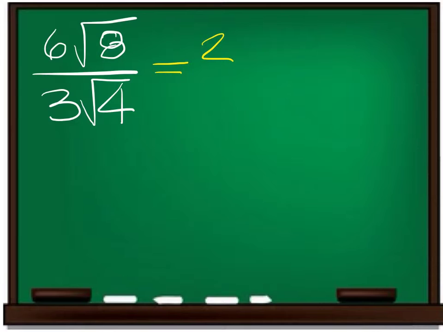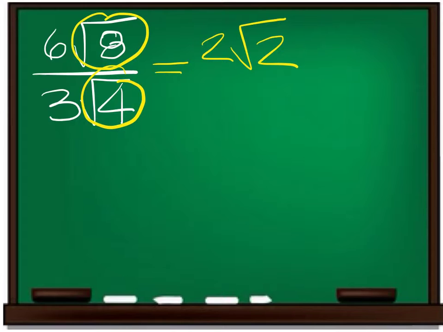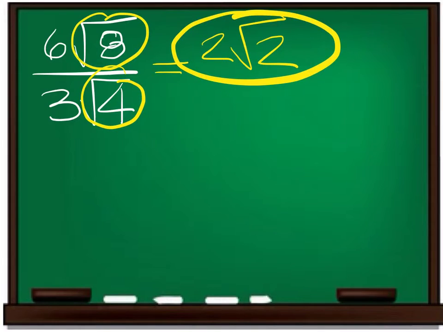But square root of 8 over square root of 4, it's tempting to make the square root of 4 2 and then multiply or simplify, but if you do that, you have more work to do. Just divide this by this to get square root of 2, and you're finished. Some of the problems you'll see on your test will go by pretty quick if you simplify completely to start with.